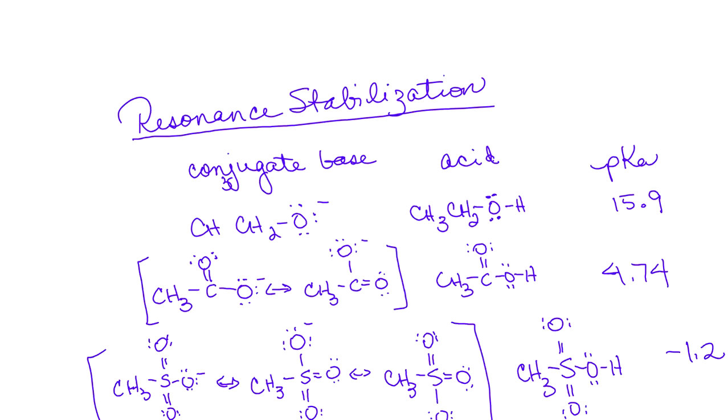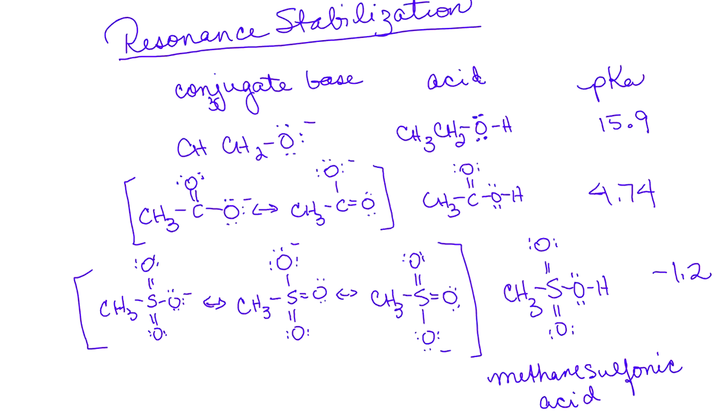We have examples from acetic acid and its derivatives, and we have examples going from methane all the way to hydrofluoric acid. And we see from resonance stabilization that because my conjugate base can be stabilized through resonance, that allows us to have a more stable dissociation. So then my acid becomes much stronger.